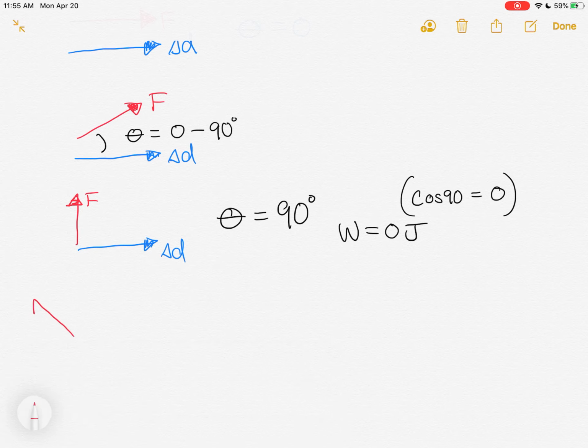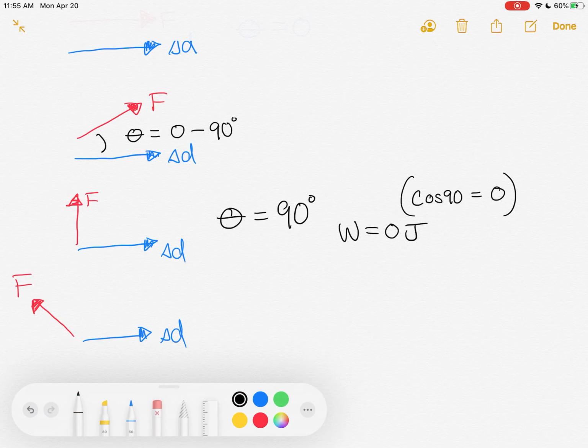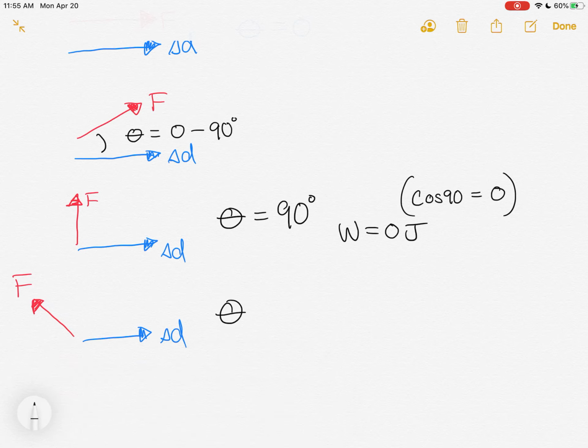All right, we can have another situation where our force is off in some direction over here, and our displacement is still horizontal, going to the right. So that's what our force and our displacement look like. There, the angle is definitely greater than 90 degrees.